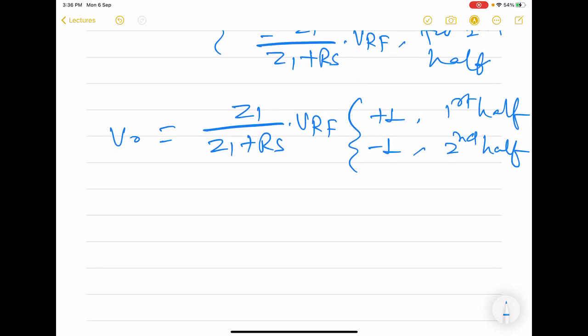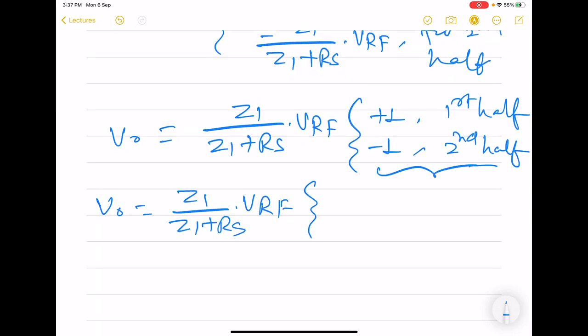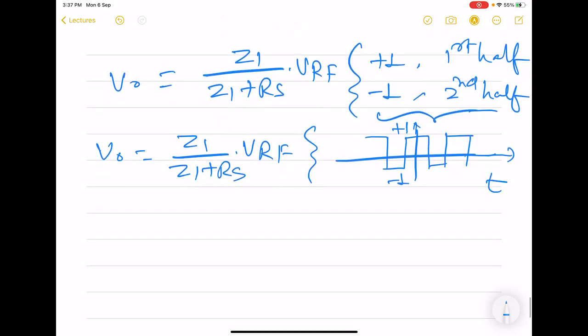So here we see that the output is this factor Z1 divided by Z1 plus RS into VRF into a square wave. This is a square wave, but now between +1 and -1 with frequency determined by LO. So whatever the amplitude of the LO signal that we considered, the square wave here is always between +1 and -1. Only the frequency is determined by LO.